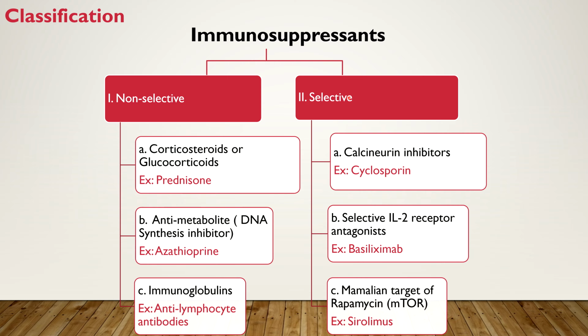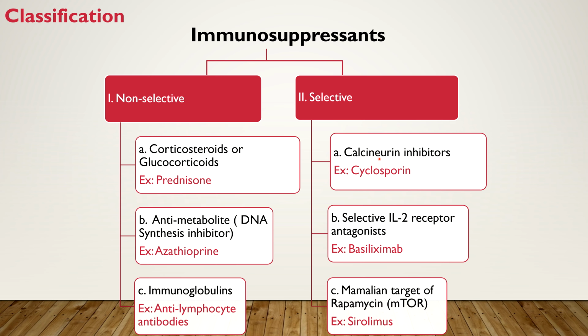The second class is selective immunosuppressants, again classified into three subtypes. The first one is calcineurin inhibitors. These are the agents which inhibit calcineurin. Calcineurin is an enzyme usually responsible for the activation of T lymphocytes.